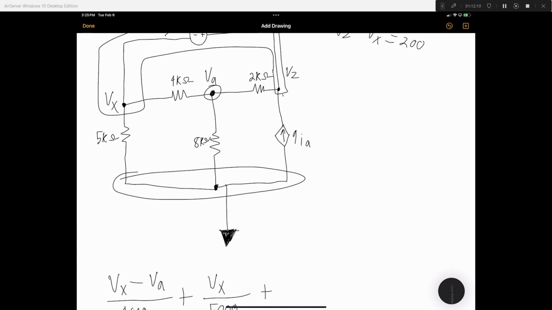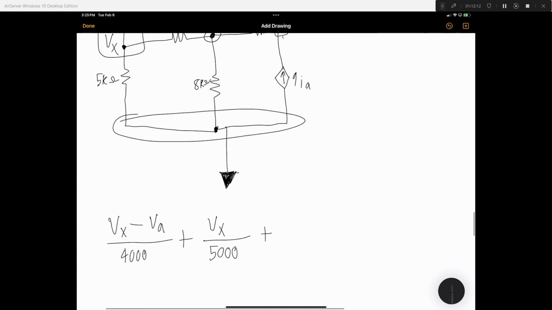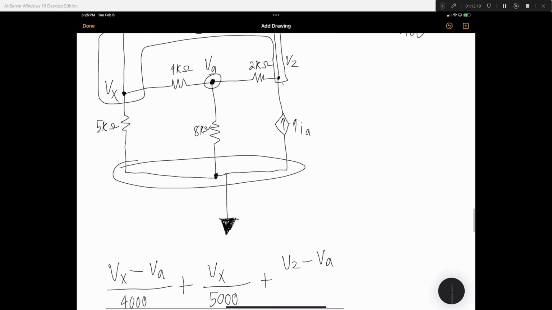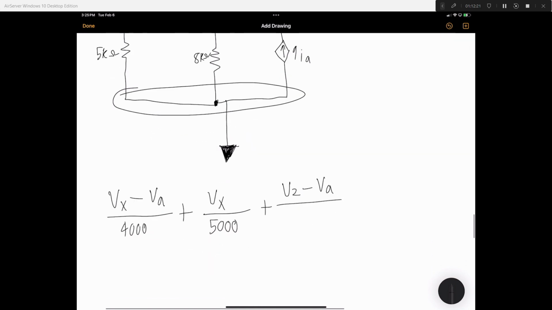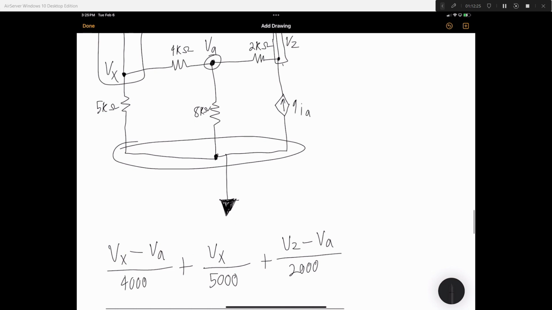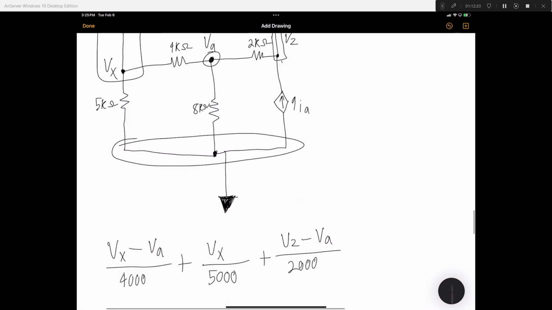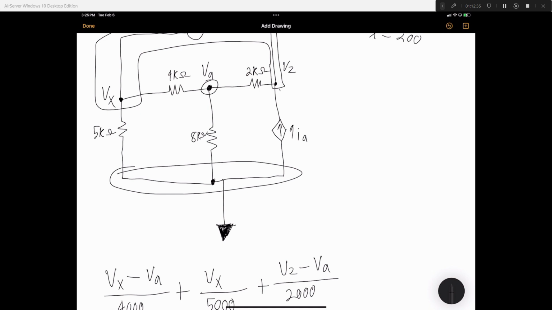I know the one part's just going to be VC minus VA, and then this current source is going into it.